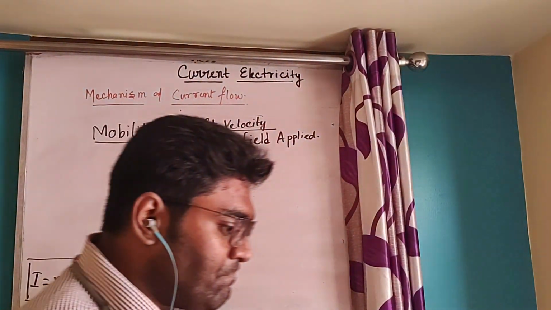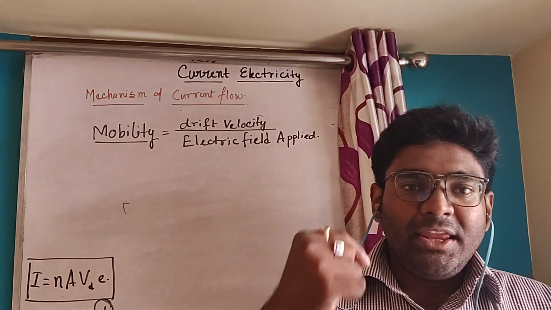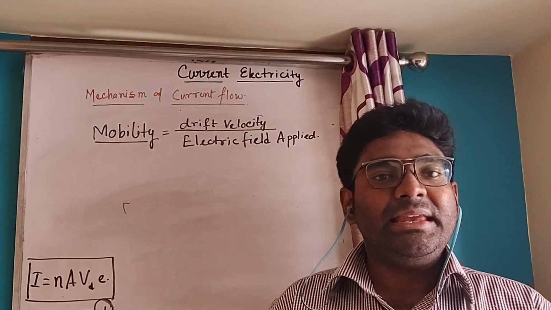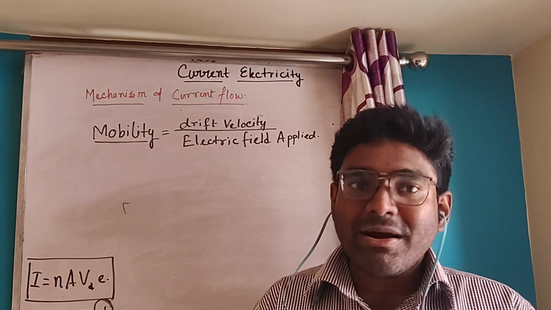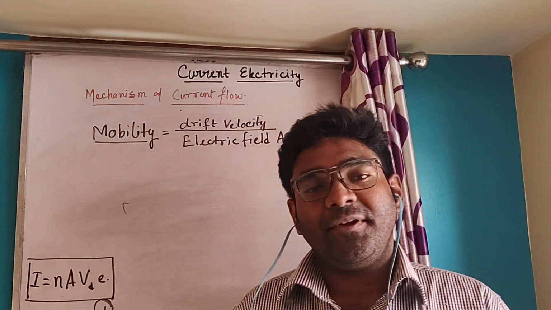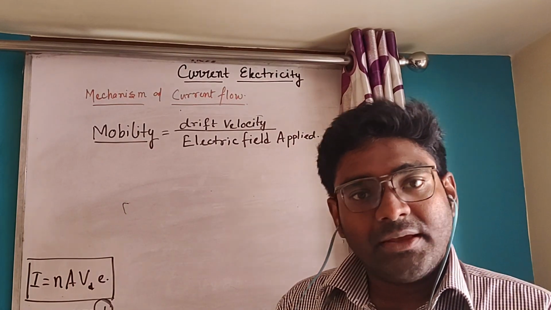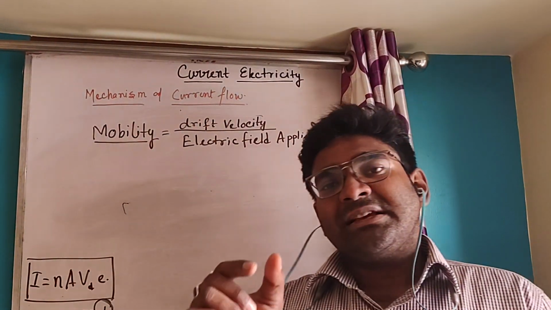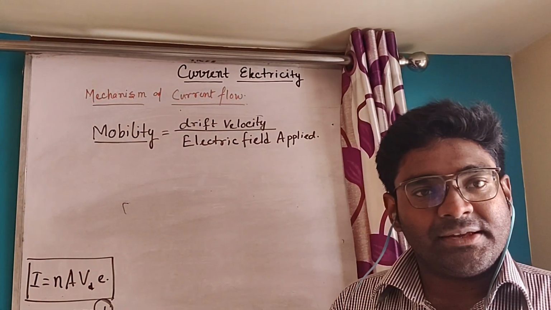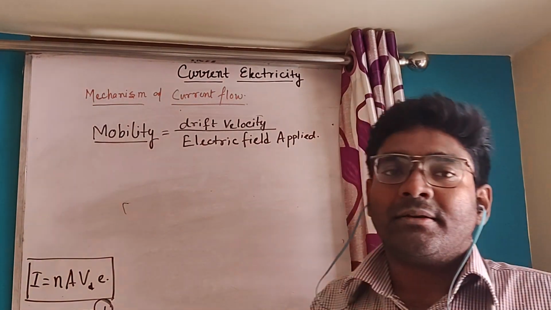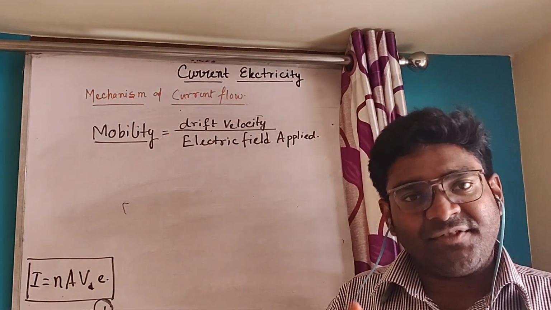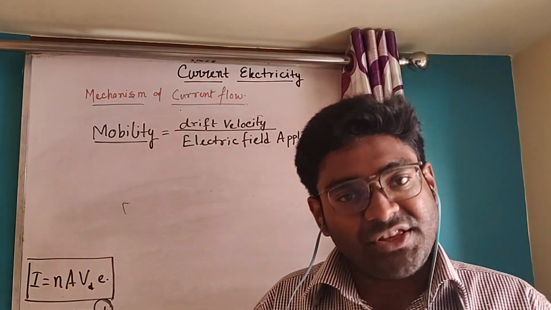That means per unit increase in electric field, how much change in drift velocity. This is the mobility. Clear? So if I change a small amount of electric field, then how much drift velocity will change? Drift velocity means how much the electron velocity will change.